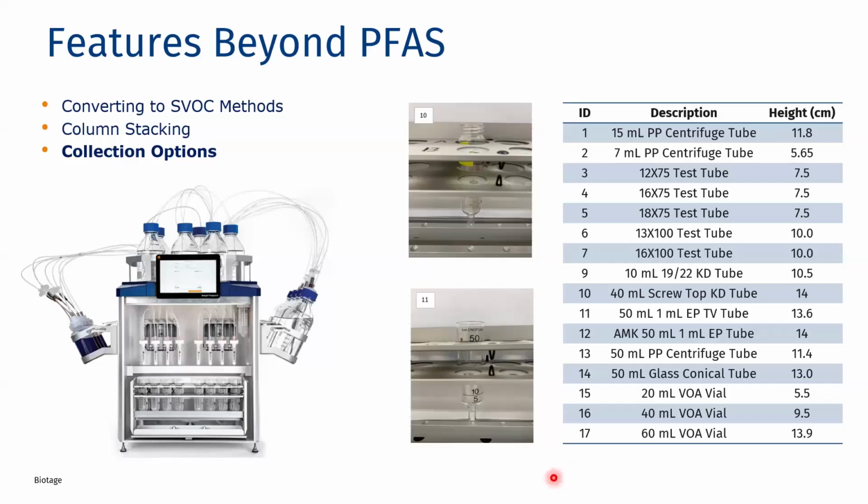So if you're using an SVOC method, you can not only do the column stacking and do the inline drying, but you then can also collect in a concentration tube, like a turbovap tube, so that your downstream concentration workflow is complemented in the same system.